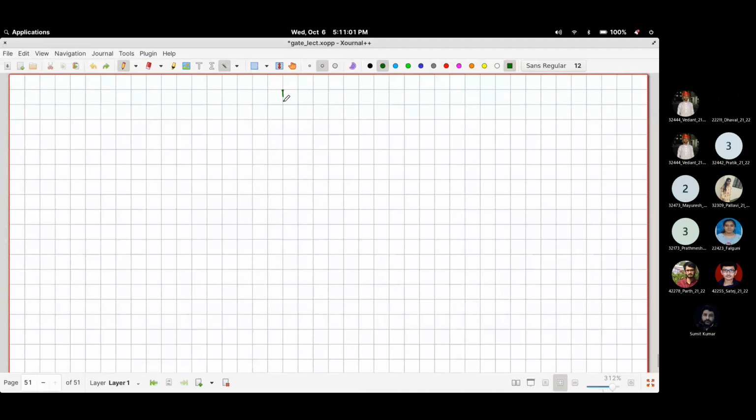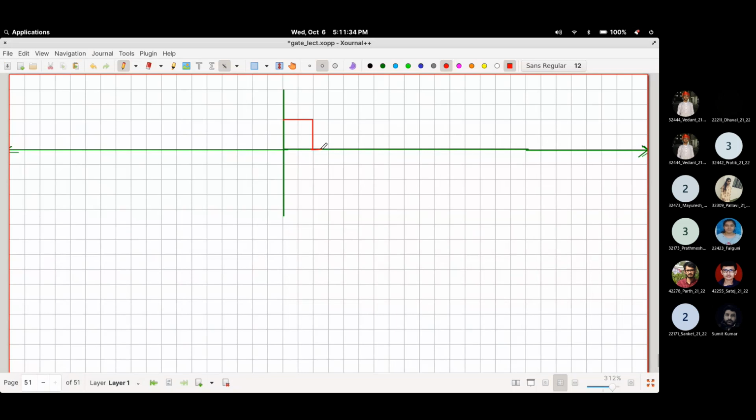So the left side signal is defined between 0 to t naught, and let me draw this all the way from here. Okay, so this is the time scale, and let's say between 0 to t naught our signal is defined, and from 0 to t naught it was something like this signal that we had.